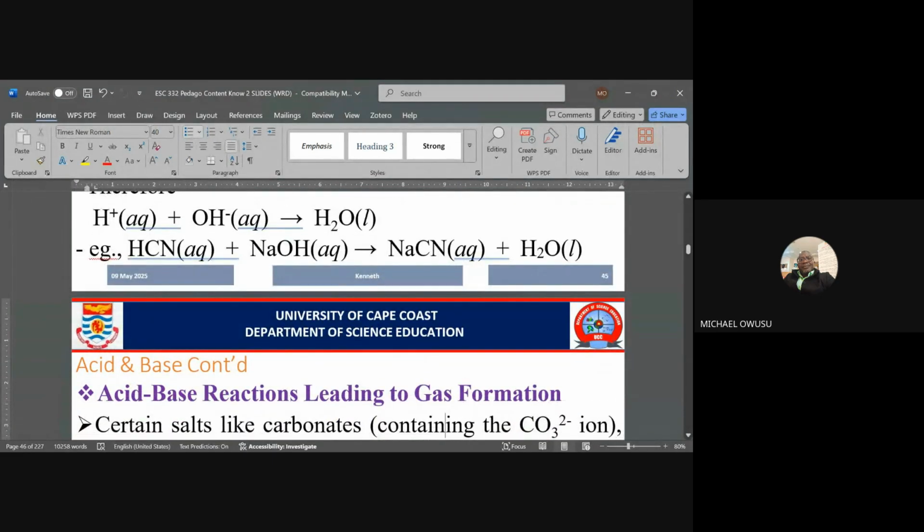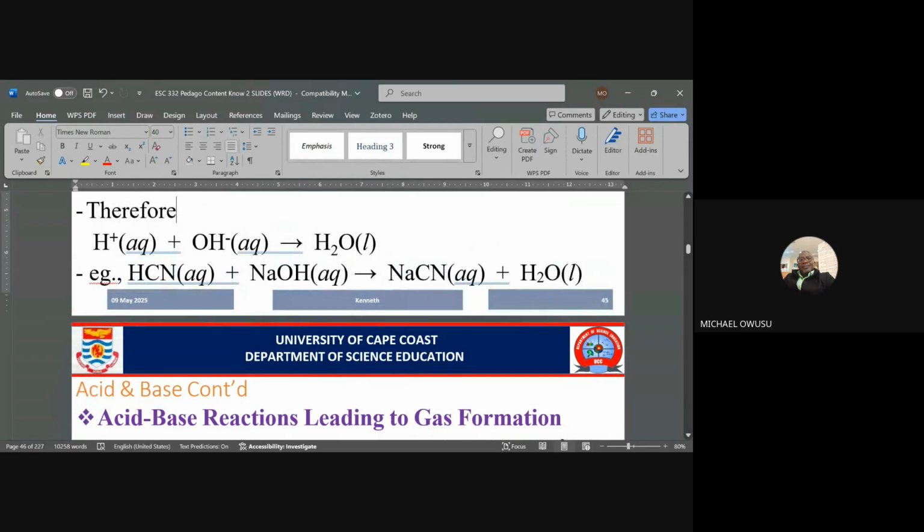So please try to get a lot of these examples on the kind of acids and the kind of bases you can use in forming this reaction, because it's very, very important. Is hydrogen cyanide an acid?